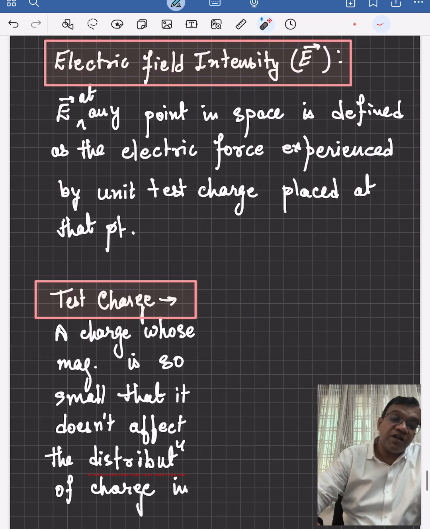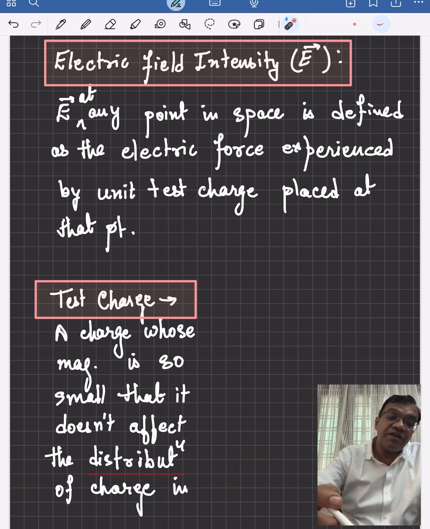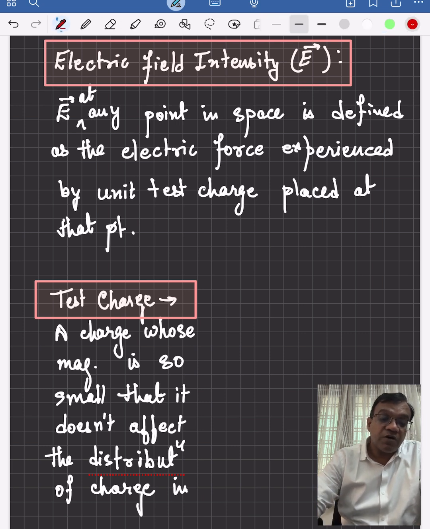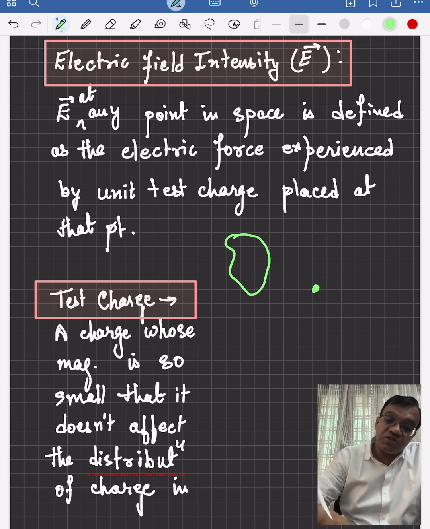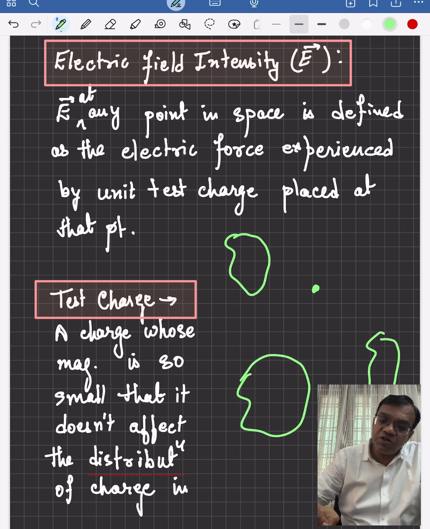How to define the electric field intensity at any particular point? Let us say in some region we want to find the electric field intensity at a point. In the surrounding system, you have some charge distributions, 2-3 of them.